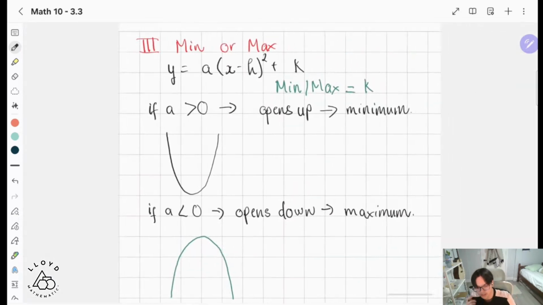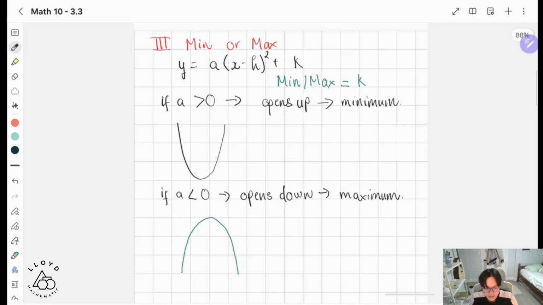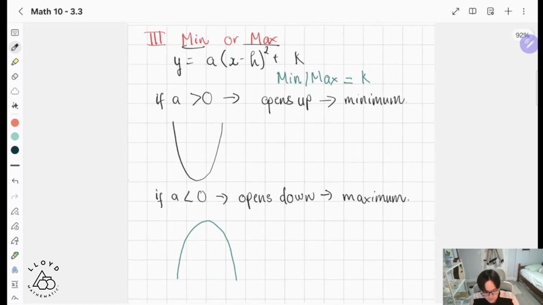Okay. So let's move on to minimum and maximum here. If I got this equation, which is the vertex form of the quadratic equation, then if a is higher than 0, it opens up, looking like this, and this will give us a minimum point.